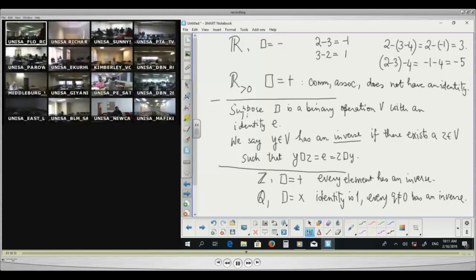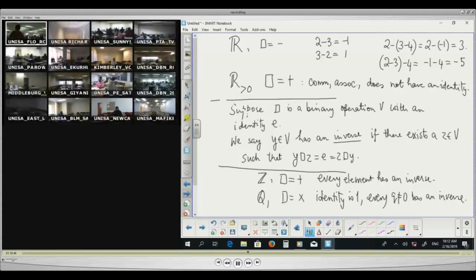Alright. Now the question comes, as he said, the inverse is always with respect to an identity. On the natural numbers, what's the identity there? With respect to which operation? The addition of natural numbers.